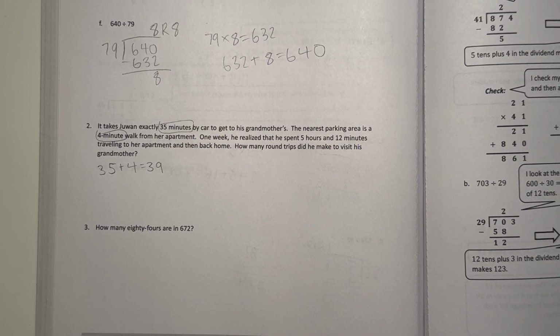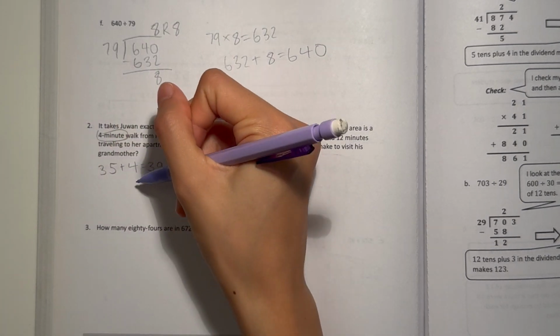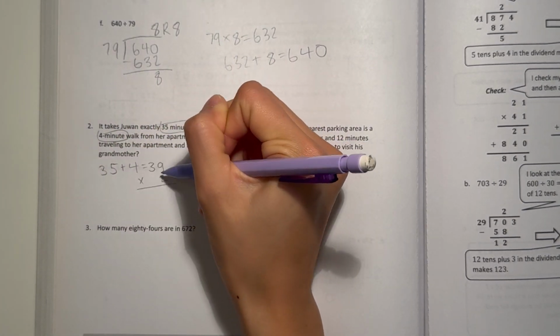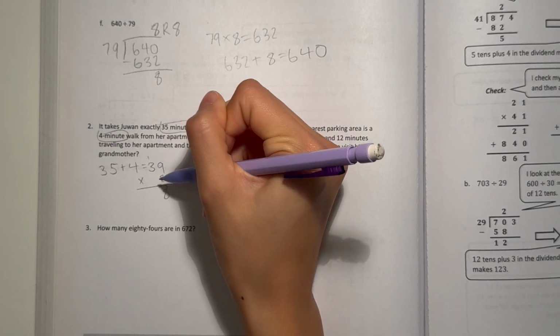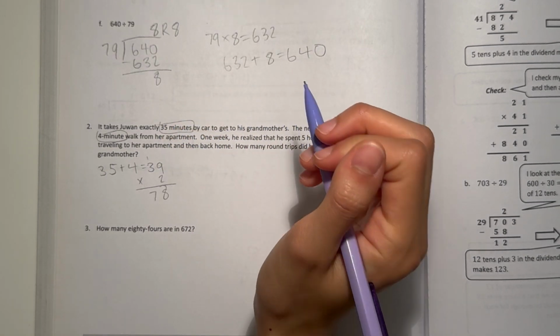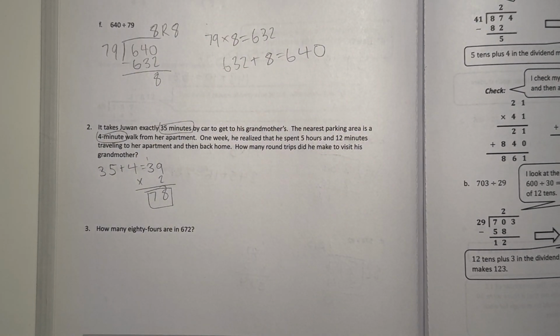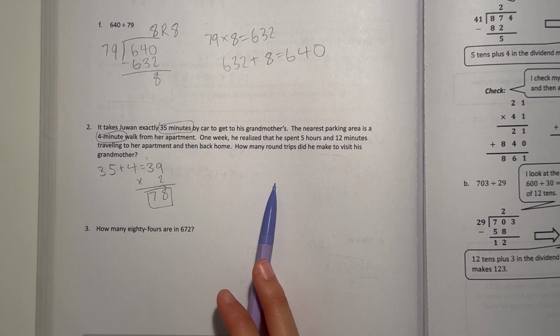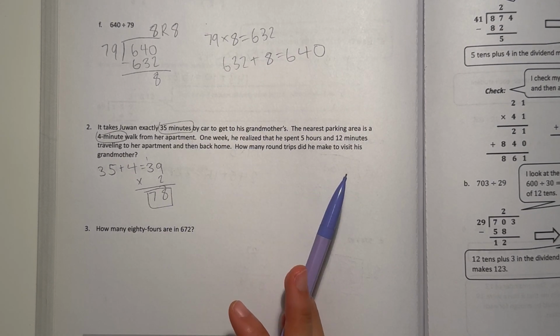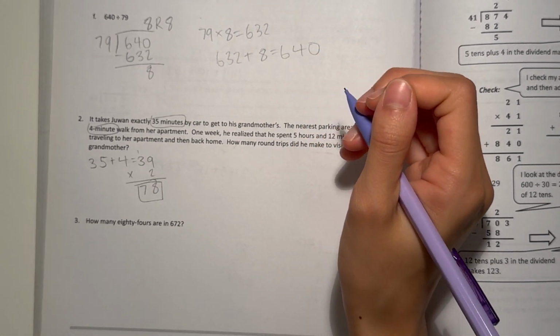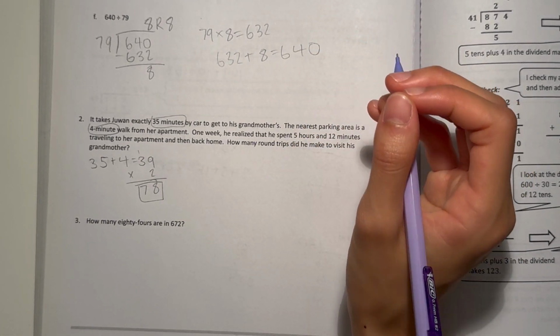So that's how much it takes to get to his grandmother's house. But we want to find out the round trip. A round trip is there and back. So 39 times 2, 9 times 2 is 18, 3 times 2 is 6, plus 1 is 7. So a round trip would be 78 minutes long. In one week, he spent 5 hours and 12 minutes traveling. First thing we should do is convert 5 hours and 12 minutes into minutes.